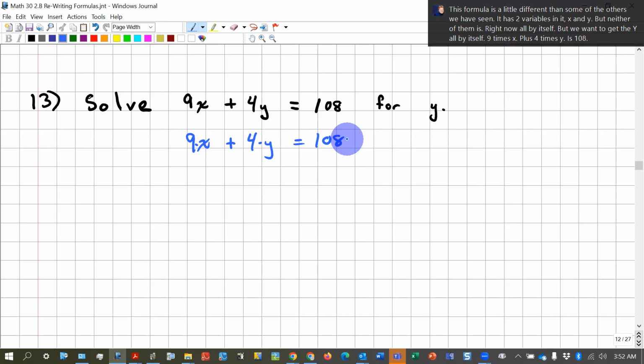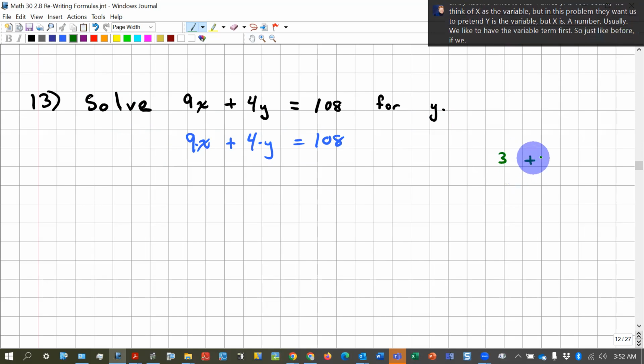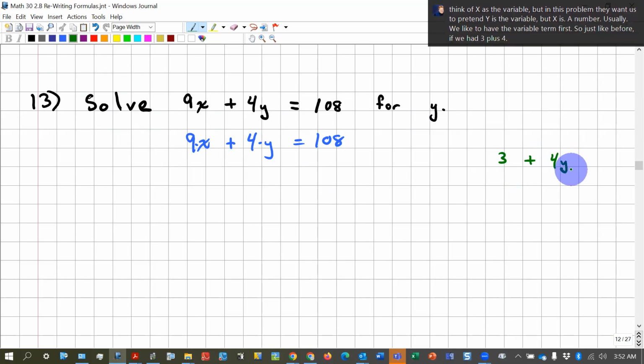Usually we think of x as the variable, but in this problem, they want us to pretend y is the variable, but x is a number. Usually, we like to have the variable term first. So just like before, if we had 3 plus 4y, that's the same as 4y plus 3.